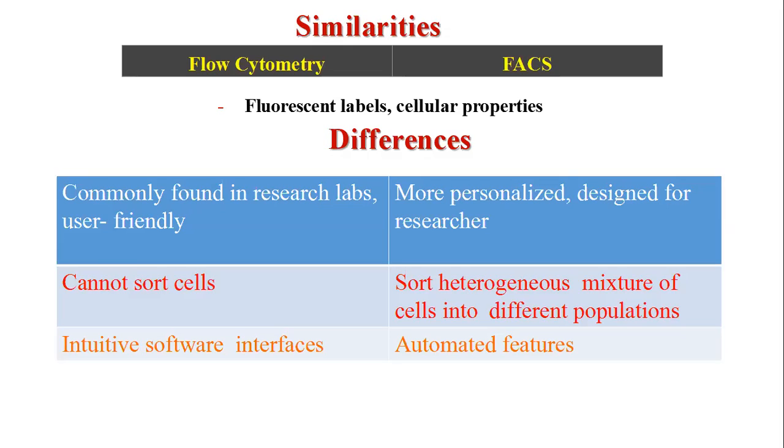A novice person cannot operate FACS and also cannot interpret the data. Next one, flow cytometry cannot sort cells, but FACS can. It can sort a heterogeneous mixture of cells into different populations. Then an intuitive software interface is there, but in the case of FACS, this is automated. Everything you will get through automation, so you don't have to do anything manually.